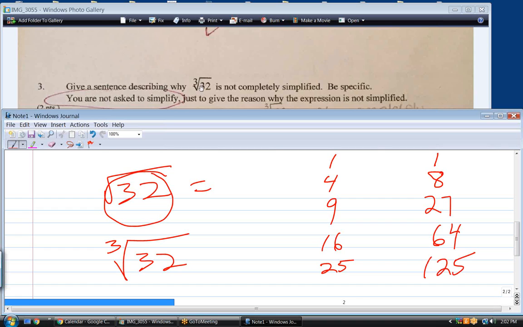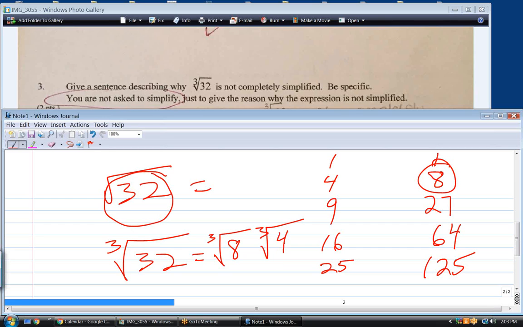So whenever you're trying to simplify that, you're looking for a factor of 32 that is one of these perfect cube numbers. Well, 8. Okay, so I can rewrite this problem as the cube root of 8 times the cube root of 4.